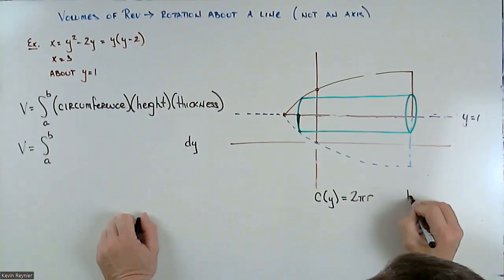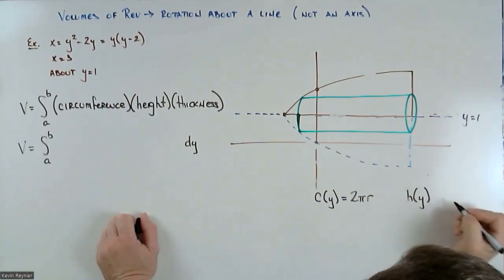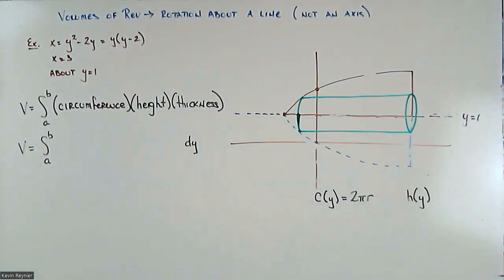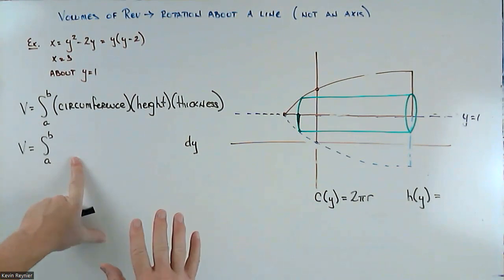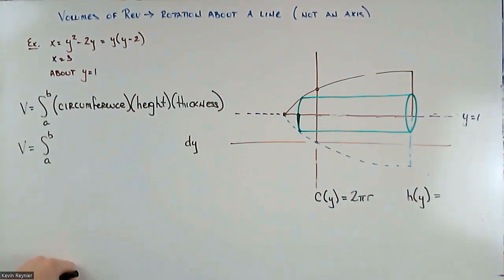And I'm going to look for my height in terms of y. I'm again going to put the y here and the y here to remind myself that no matter what I obtain in solving these two missing components of my integrand over here, they have to be in terms of y before I can put them over here. Again, I get the redundancy, but trust the process.